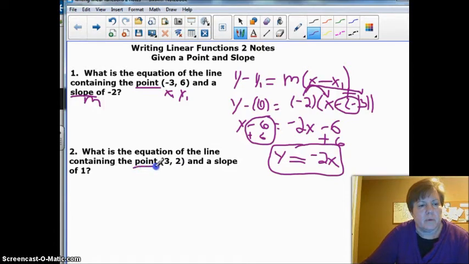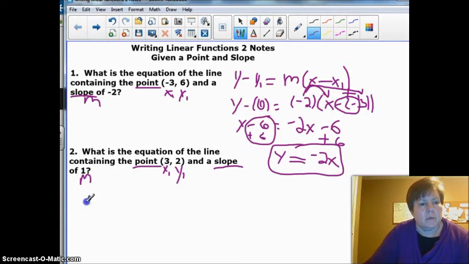Okay, so again, the point and the slope, so point slope formula, which is y minus y1 equals m times x minus x1. So x being the first in our ordered pair, x1, y is the second digit in our ordered pair, so y1, and the slope is m.